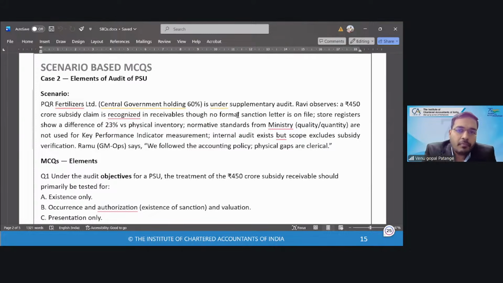What is KPI? Anyone know what is KPI? What is key performance indicator? So a key performance indicator is that which you need to measure the performance. If I want to measure a student's performance, the key performance indicator is marks, or attendance. If I want to measure the key performance indicator of a machine, I'll see the output it generates, I see the breakdowns, I see its utilization, right?